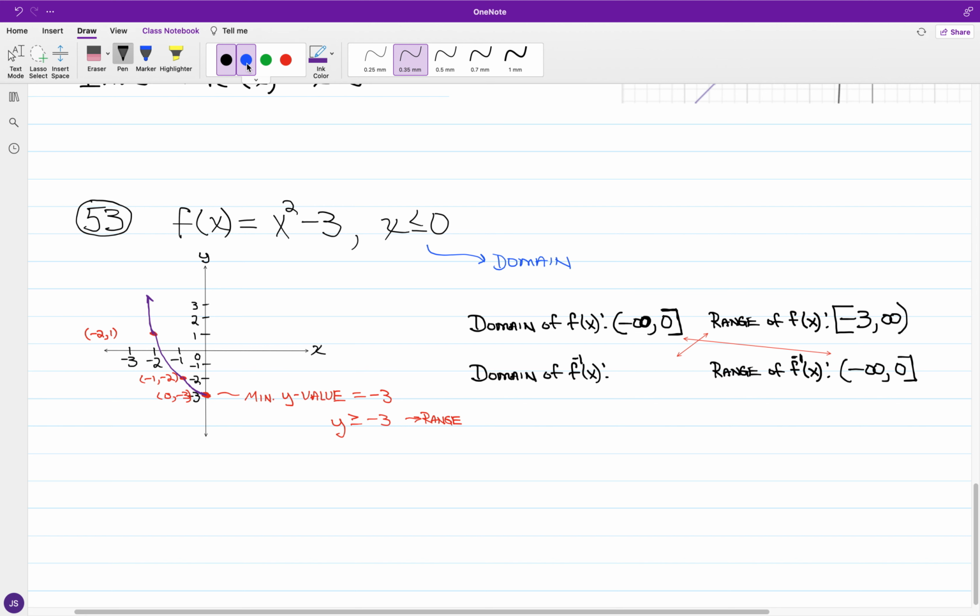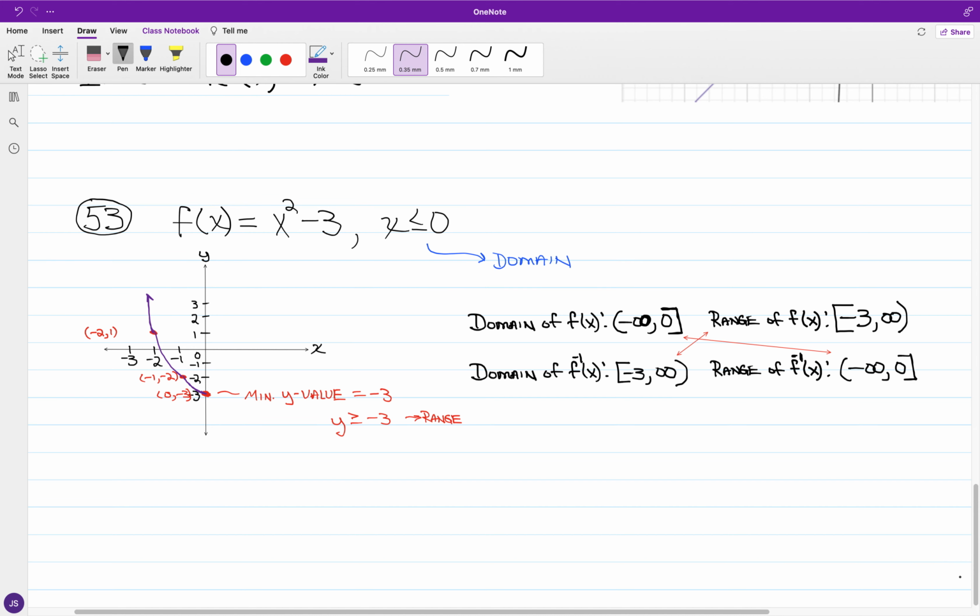And what I have in y for the one-to-one function, I have in x for the inverse. So the inverse function is going to have its domain consist of all values of x greater than or equal to -3. So I have all the domains and the ranges laid out before even getting to the inverse.